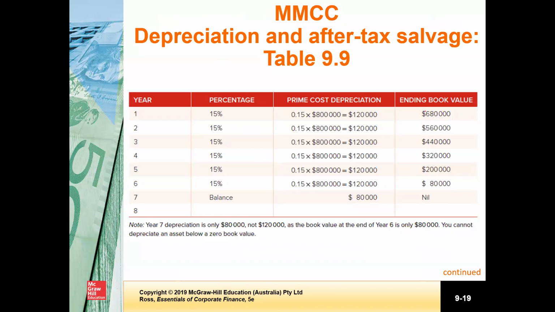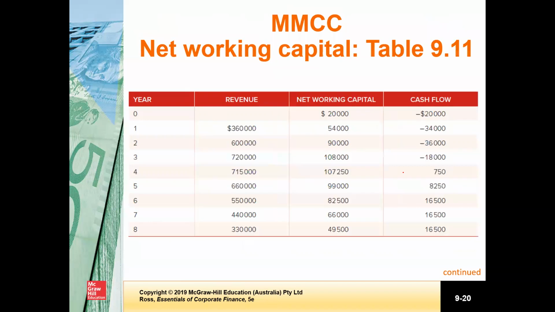So this is how depreciation is calculated. We already know that. We have seen it previously. And this is how the cash flow associated with the net working capital is calculated. Look, our initial net working capital investment requirement was 20,000. So that's the cash outflow. For the first year, when you are actually in operation, the net working capital requirement is 15% of sales.